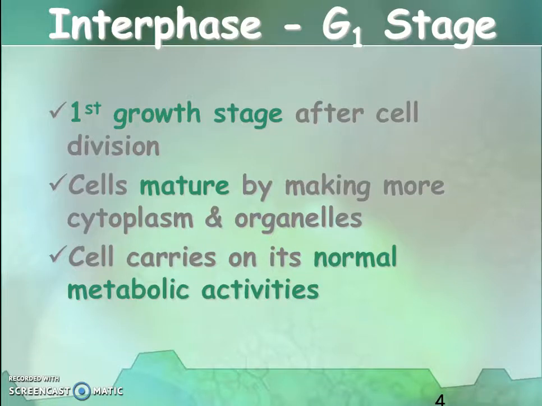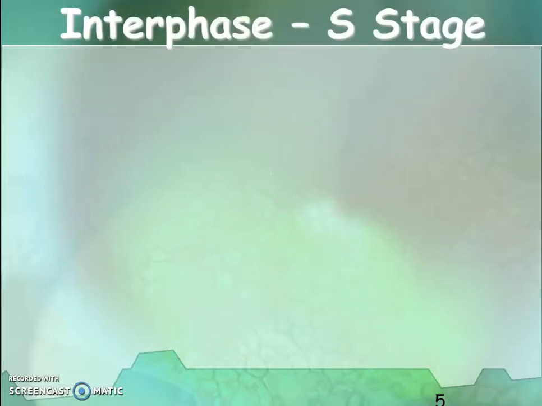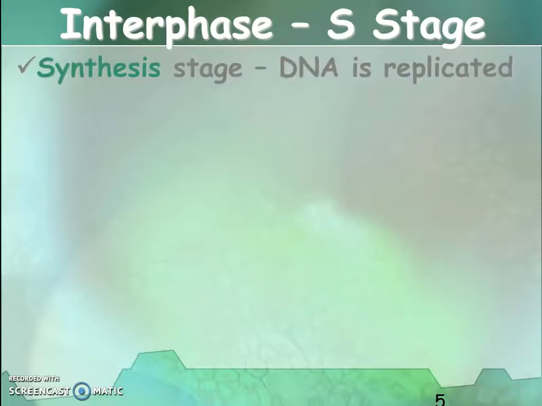So in the first phase, only one thing goes on, and that is growth. The next part of interphase is the S stage. This S stage means the synthesis of the DNA. So DNA replicates.